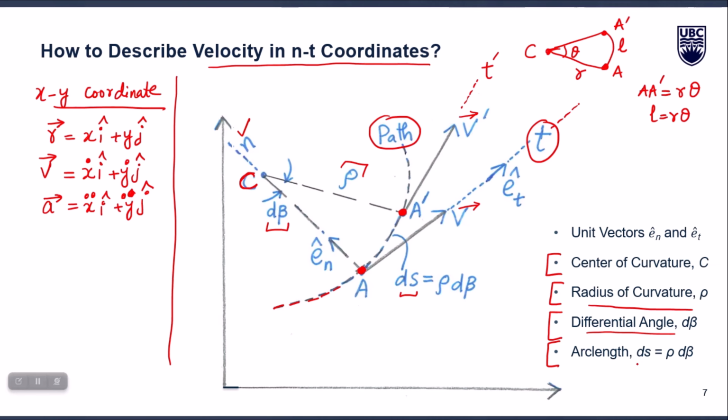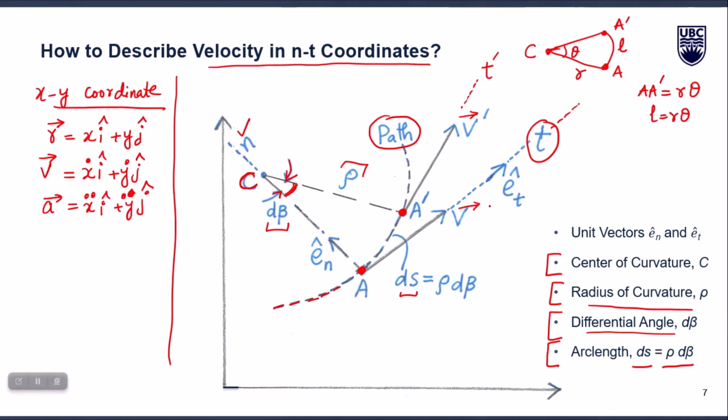I denote it as ds, and that will be equal to the radius of curvature times the differential angle, so rho times d beta, right? Now let's introduce two new unit vectors, each along one of the coordinates, n and t.